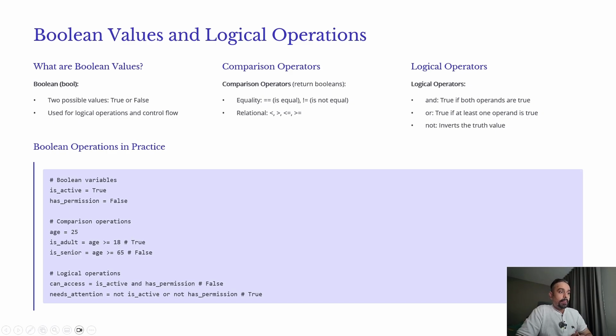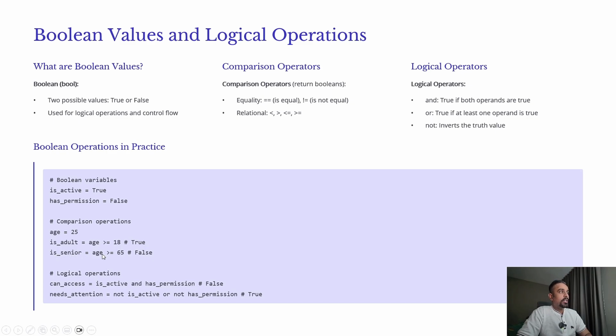You can also use comparison operators like is equal, not equal to, greater than, less than, and all these are going to return Booleans to you. For example, if I say age is equal to 25, and is adult is equal to age greater than or equal to 18, it is going to return true.